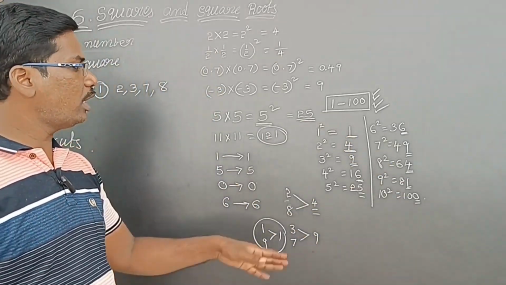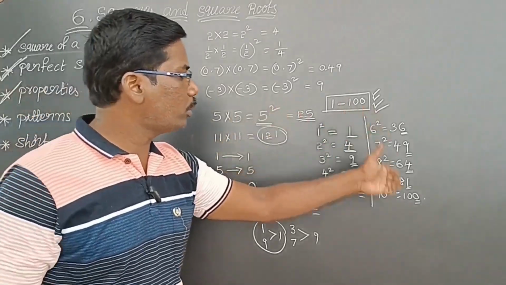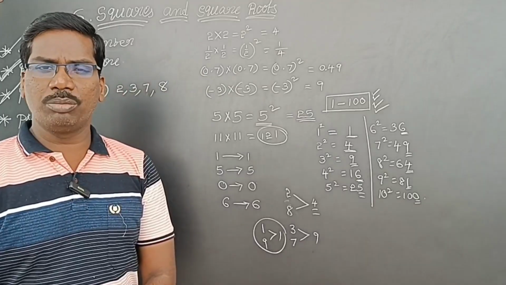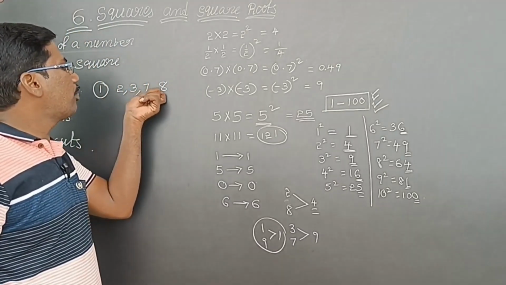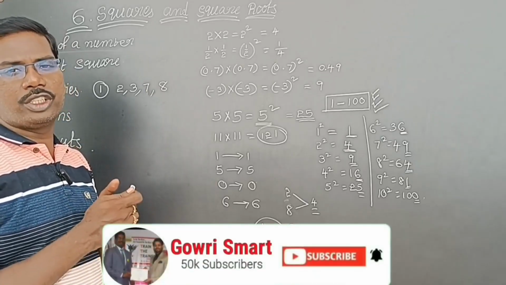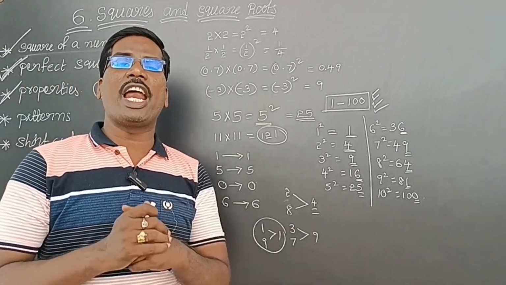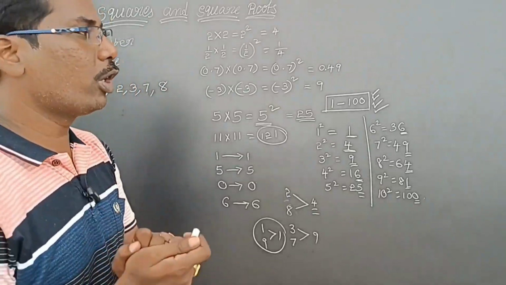No. Have you seen 3 in the units place in the square numbers? No. Have you seen 7 in the units place? No. Have you seen 8 in the units place in the square numbers? No. Because these 2, 3, 7, 8 are not in the units place of a square. So the first property is that square numbers never end with 2, 3, 7, 8. This is a very important property.